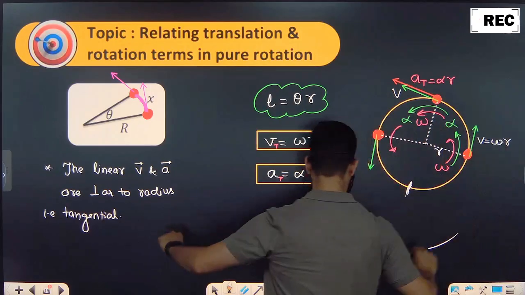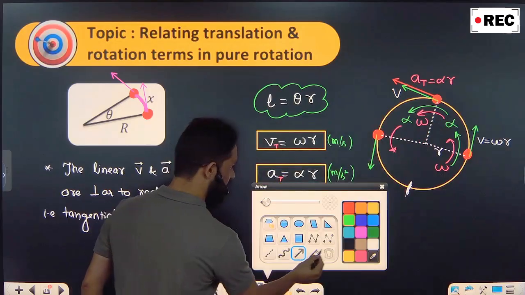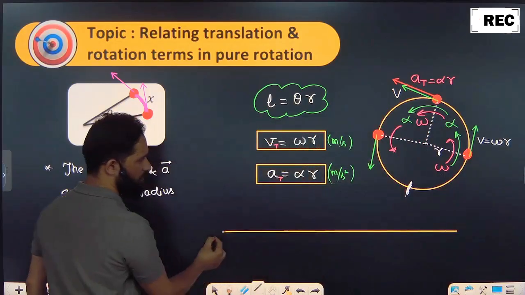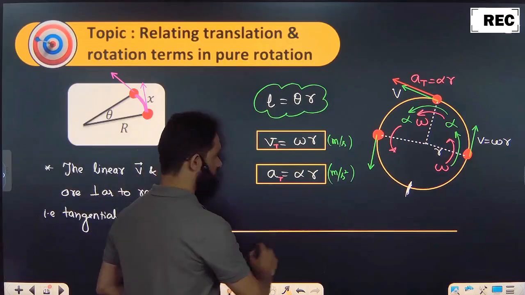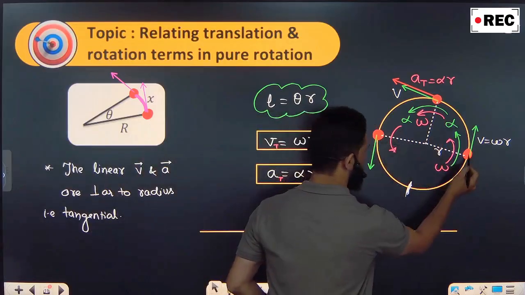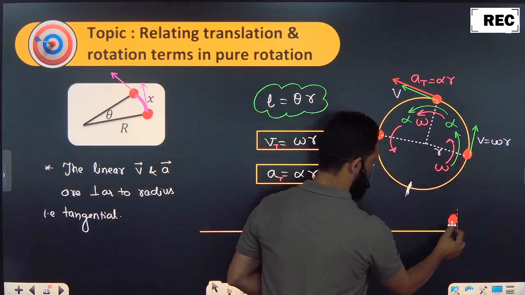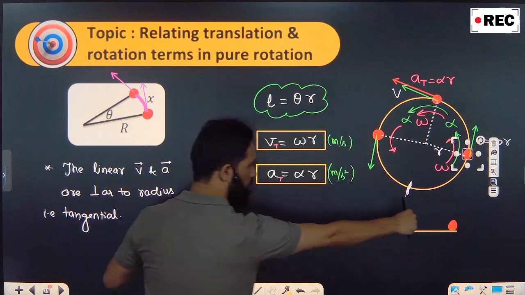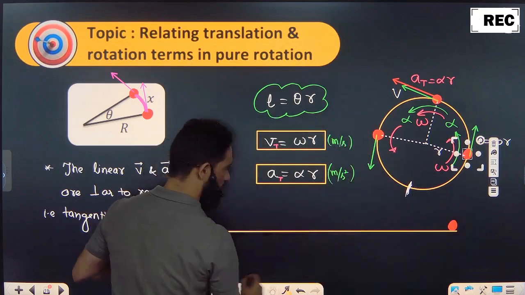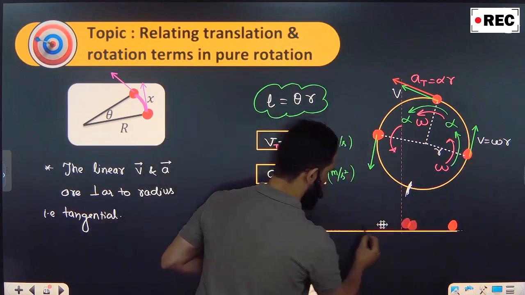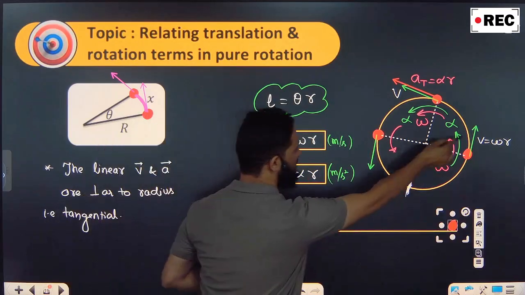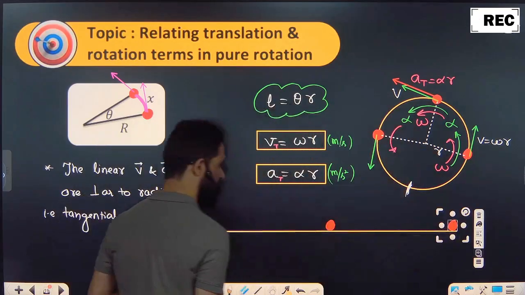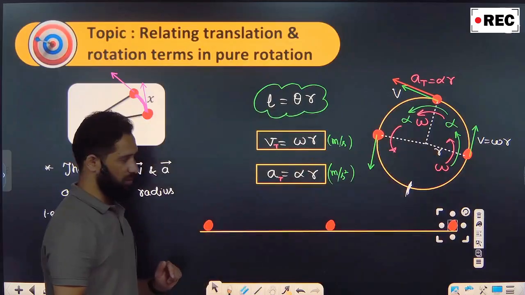When I unwind it, I make this complete road like this. So when the body was at this moment, say for example, the body is here. Can I realize that when I cut this and make a road, the body is always on the road? So at different instants, the body is at different points on the road, right?